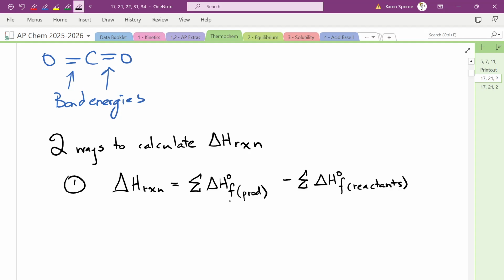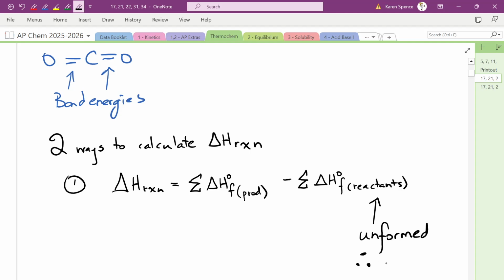we keep the value of delta H naught as is. We don't change its sign because we are actually forming products. Yes? So the products are being formed, so we just keep delta H naught formation as it is. The reactants are being unformed.